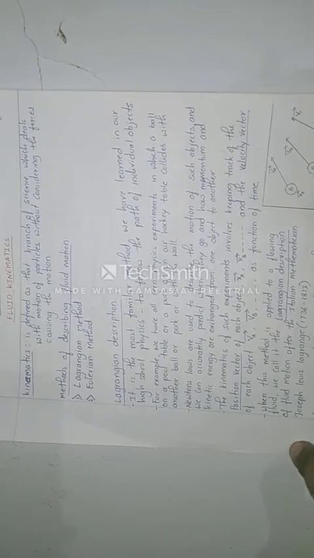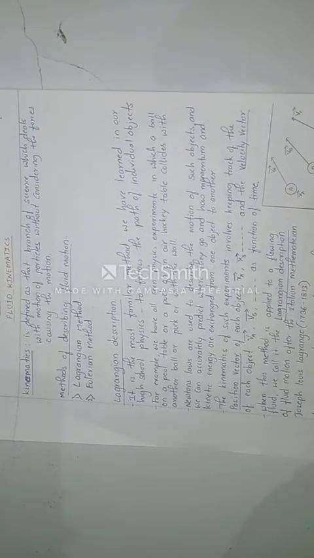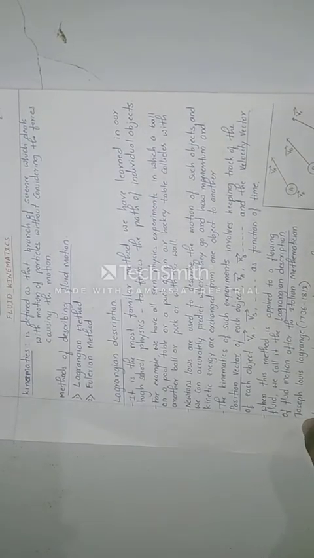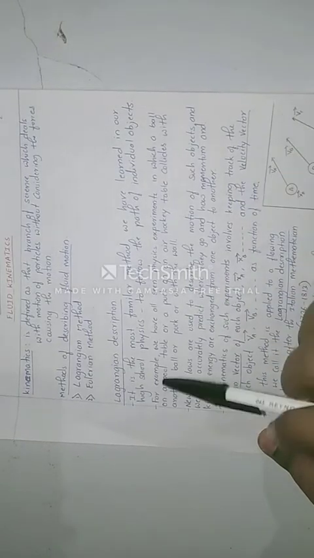Lagrangian method means, in our lower classes we have been studying this method of approach. Like if you consider Newton's law, wherein we consider a particular particle, and as it moves we study the behavior of that particle. Okay, so I have given an example.